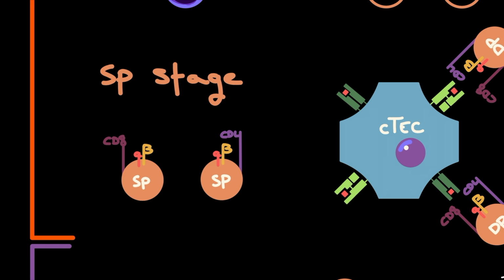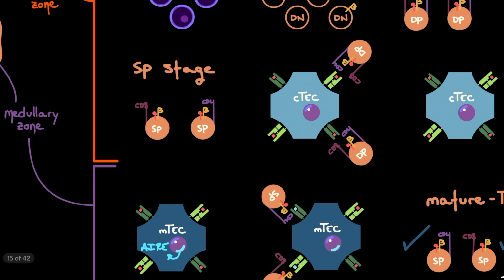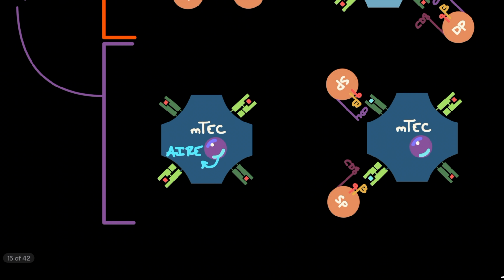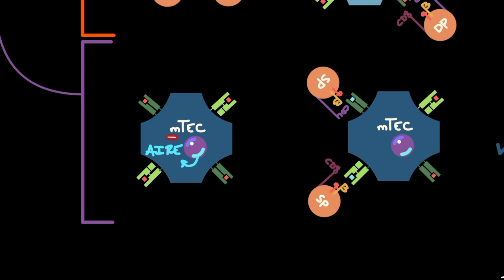But functional doesn't always mean perfect, so then we go down to the medulla. And there we have the medullary thymic epithelial cells, and these guys have the cool enzyme AIRE, autoimmune regulatory enzyme. That allows them to produce self-proteins that are all around the body, like insulin, myelin, and everything.